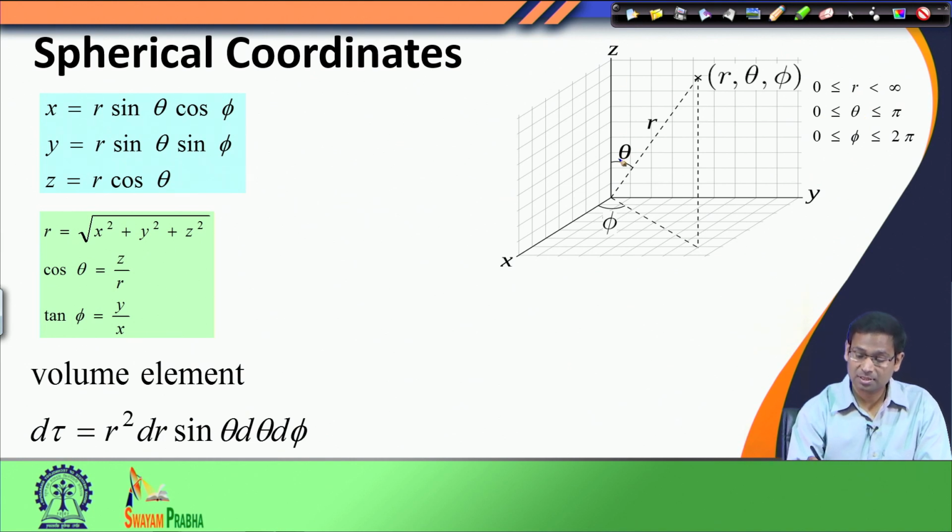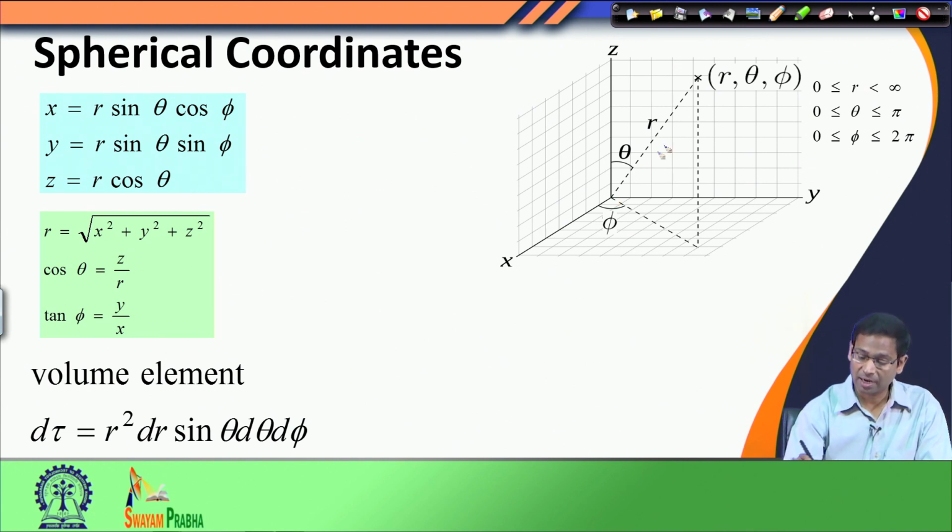Theta, which is the angle between the r vector and the z axis, can be defined as I bring this point anywhere in this direction. The theta value will go from 0 when the point is on the z axis, to pi, or 180 degrees, when it is on the minus z axis. What about phi?